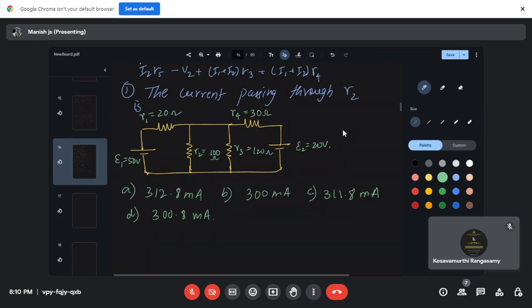But first, I want you to try. I want to check if your concepts are clear. So use the conventional approach which I have taught you, the traditional way. Do it and tell me the answer that you are getting. Before you tell me the answer, I would like to know what your equations are, because this circuit has three loops, right? For all three loops, I want you to tell me three equations.